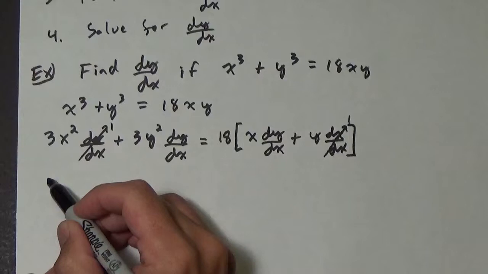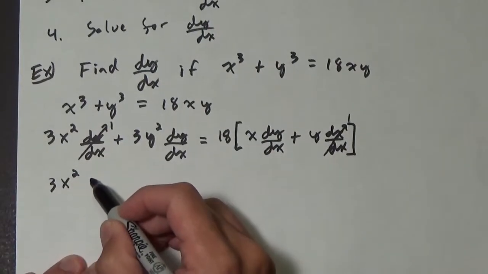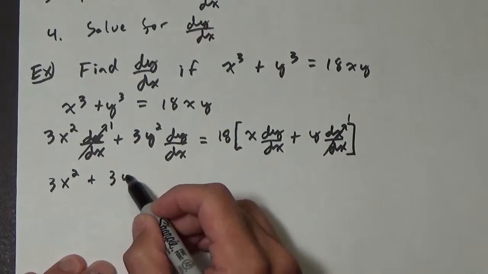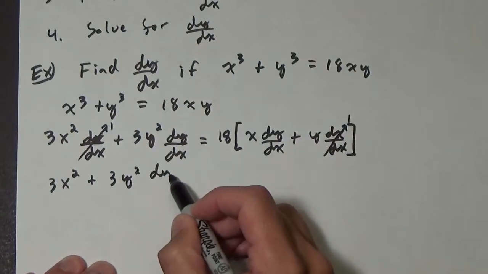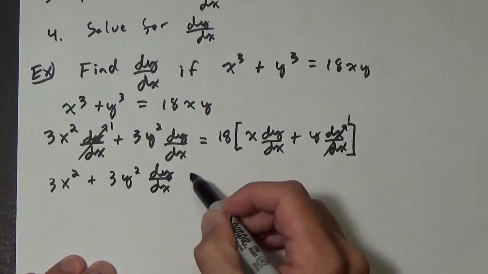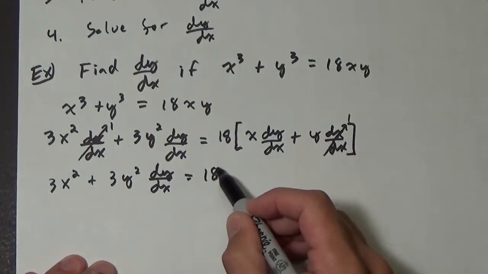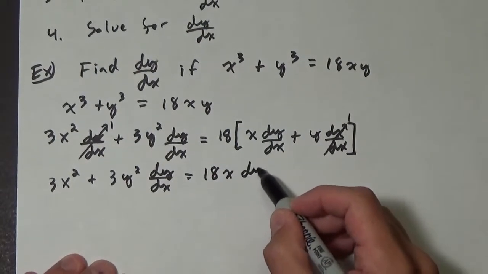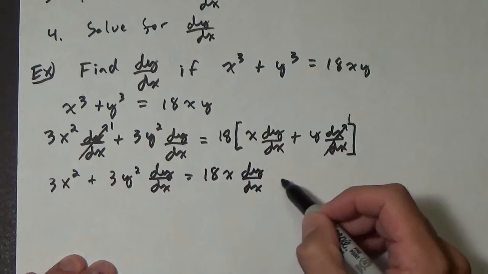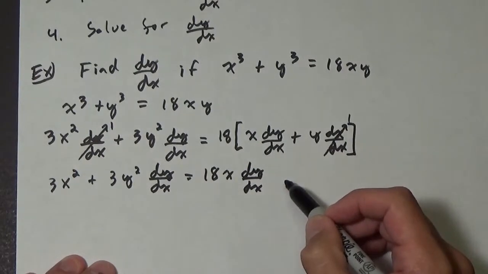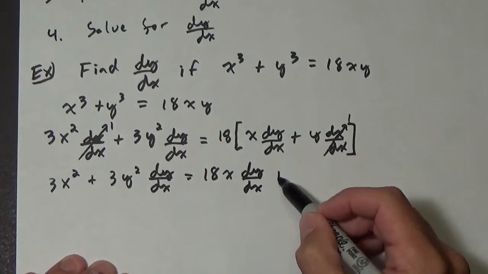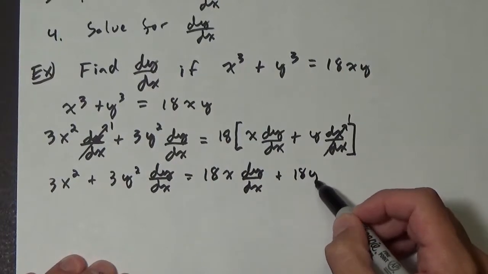So now we have 3x squared plus 3y squared dy/dx equals, and then I'm going to go ahead and distribute this 18: 18x dy/dx plus 18y.